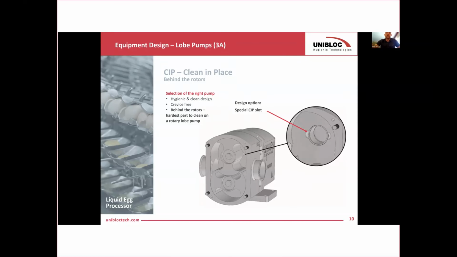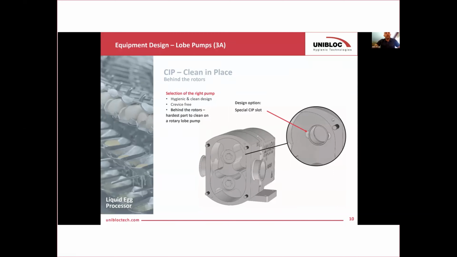Once the CIP cycle was done, they had to open up the front cover, undo the rotor bolt and remove the rotors. And if it wasn't clean enough, they'd have to manually continue to clean further while the USDA inspector was on site and then approved that the pump is now clean. You can put it back on and continue your process.